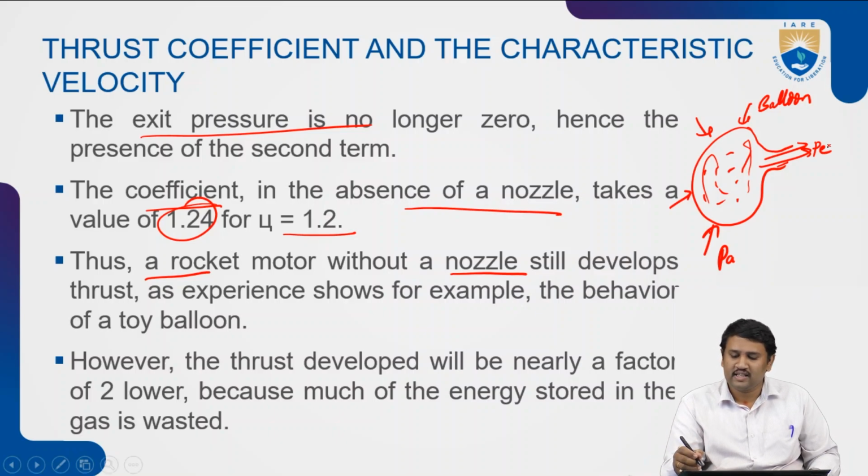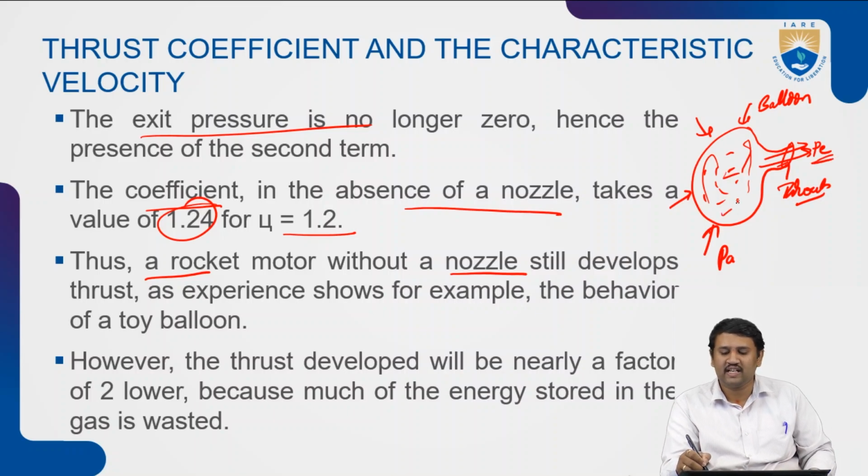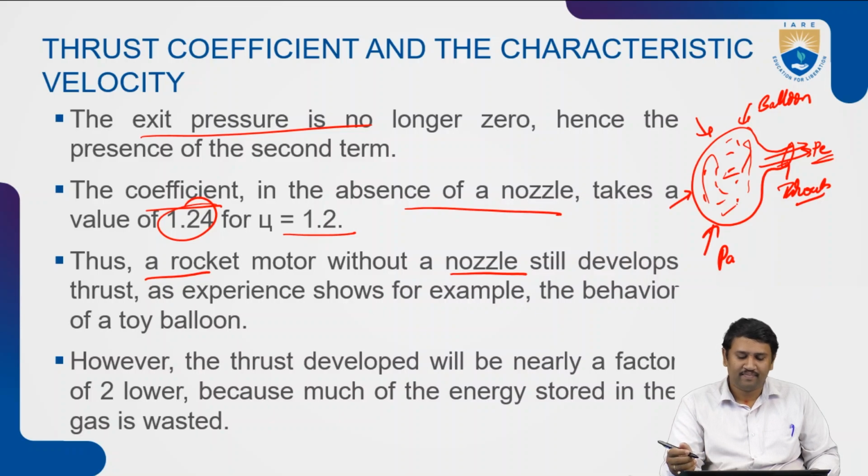Now, in our case, for any balloon, we will not have any nozzle. It will have only a throat, through which the gases inside move out. So, based on this, it develops a certain amount of thrust, although it doesn't have a nozzle. A nozzle will expand the gases, converting them into supersonic velocity and enhancing the thrust.